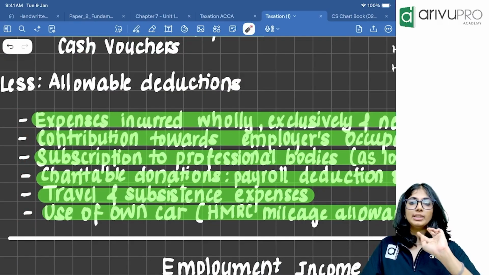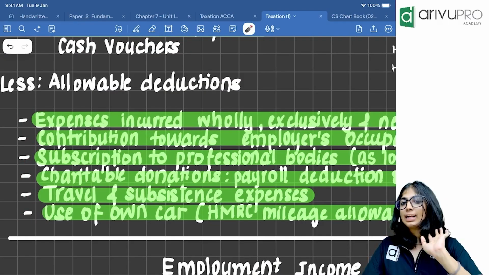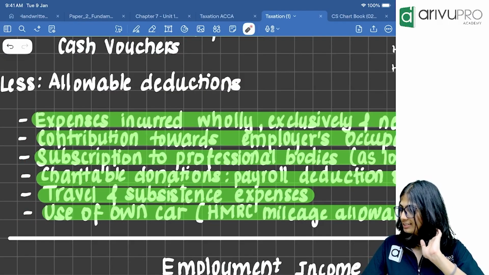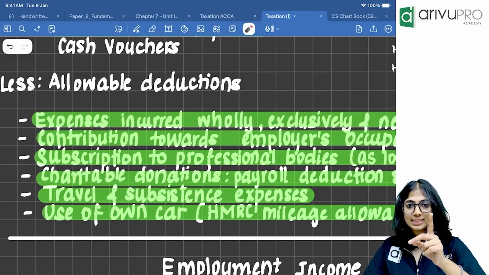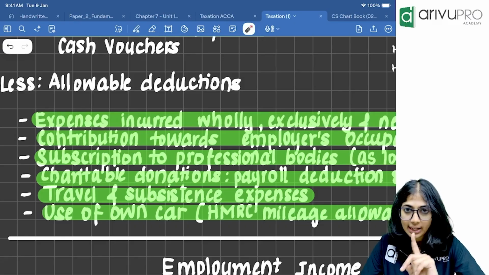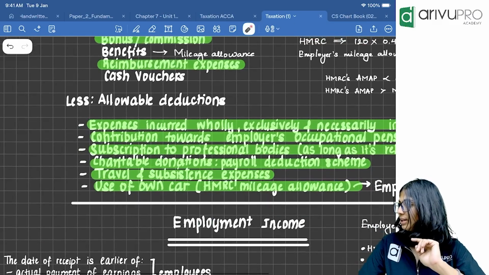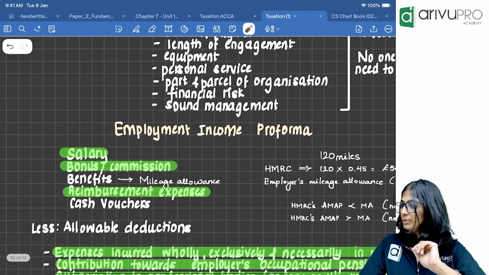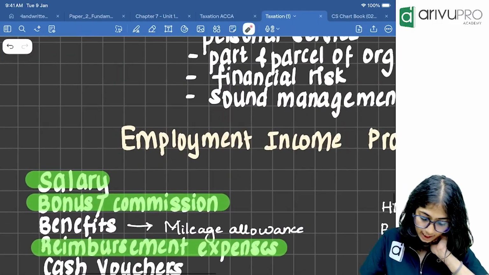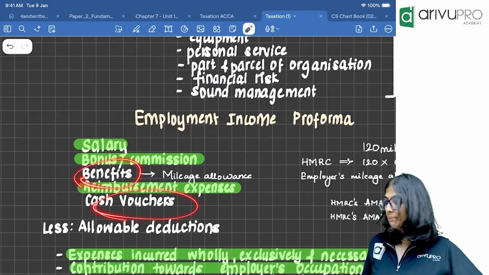If reimbursement is already provided to you, you cannot claim a deduction on that again, because reimbursement is a taxable benefit. When we solve some problems, we will understand. So we have only benefits and cash vouchers to remember.